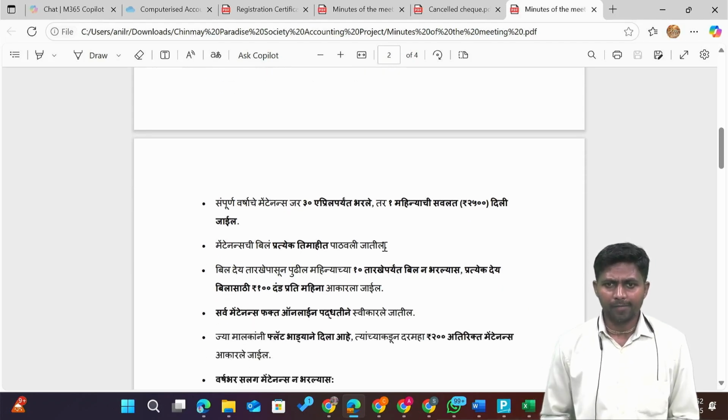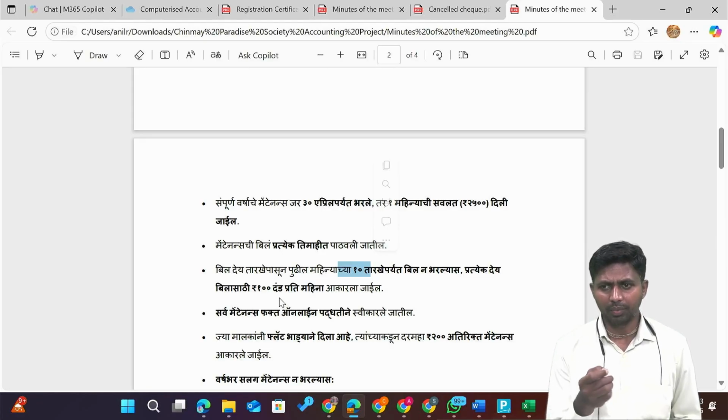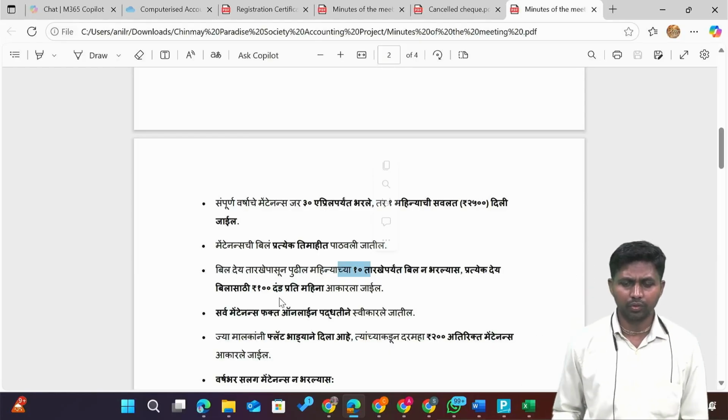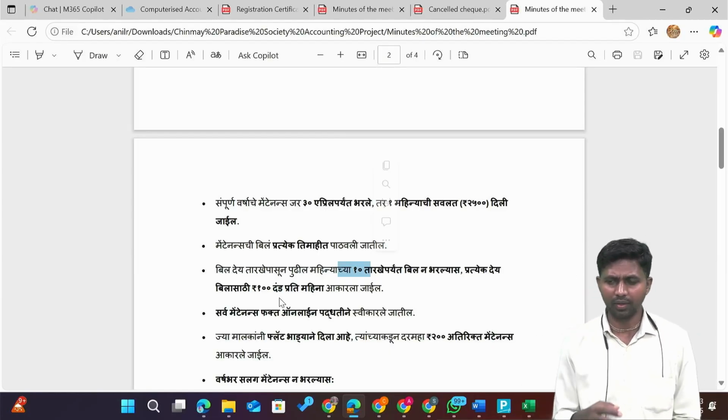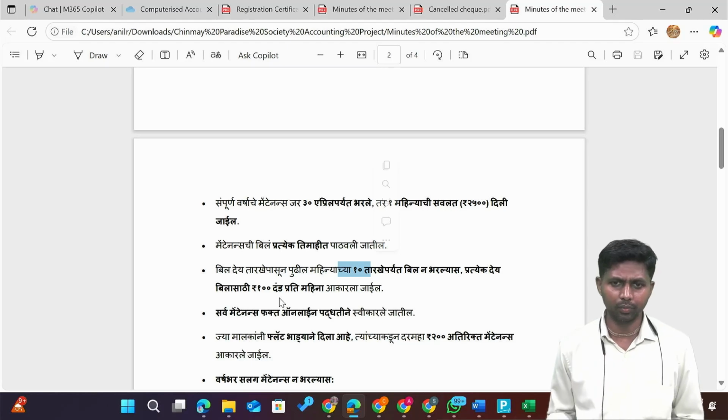Then you will get the maintenance bill quarterly, that means no bill every month. If you do not pay within 10 days, 100 rupees for every month. That means this penalty is not based on a percentage, but is a fixed amount. If you have a due balance, then directly 100 rupees.